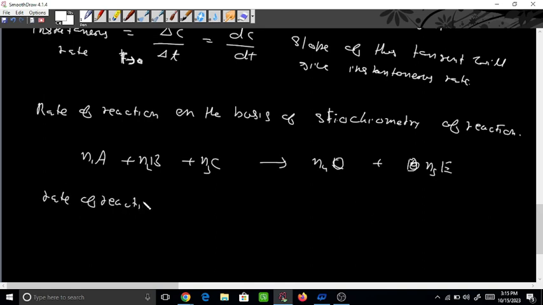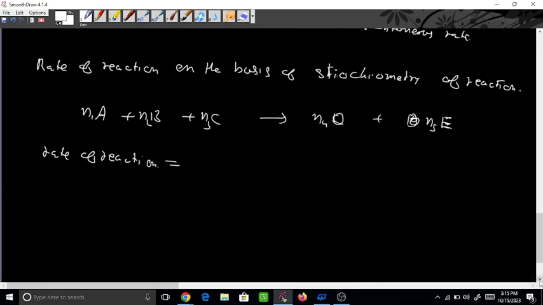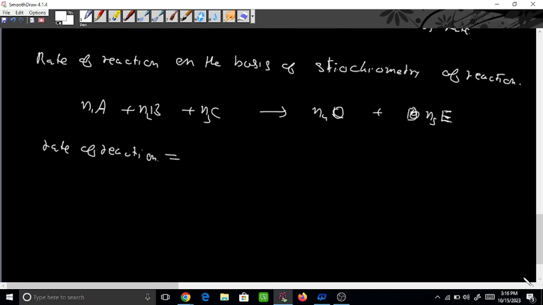Just now we have seen that the rate of reaction can be expressed in terms of the rate of decrease of A or rate of decrease of B or rate of decrease of C, which is equal to the rate of increase of D or rate of increase of E. In both contexts we can say, suppose I take a kitchen example. Your mom is cooking, making chapati or bread.